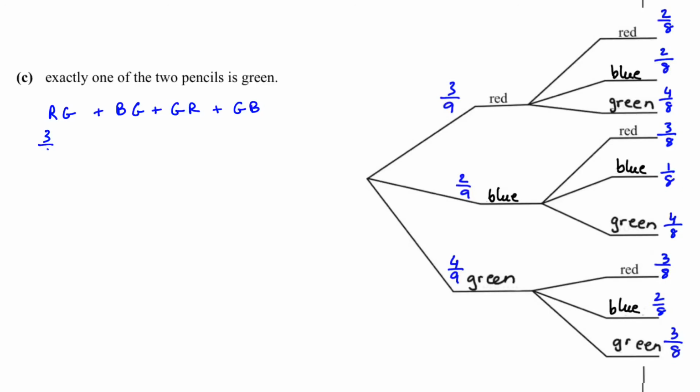That will be 3 over 9 times 4 over 8 plus 2 over 9 times 4 over 8 plus 4 over 9 times 3 over 8 plus 4 over 9 times 2 over 8. Now we just have to put it in the calculator to get our answer, and you will get 5 over 9.